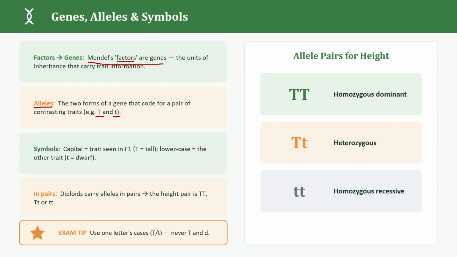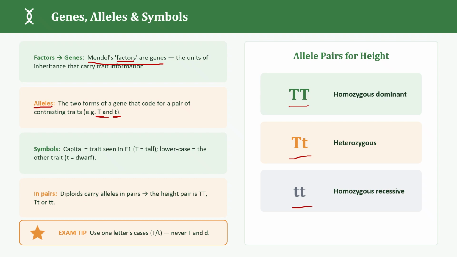For plant height, this is the tall one, and this is the dwarf one. The capital letter is used for the trait expressed in the F1 generation, and the lowercase letter represents the recessive trait. So what are the possible genotypes we get? TT, Tt, and tt.